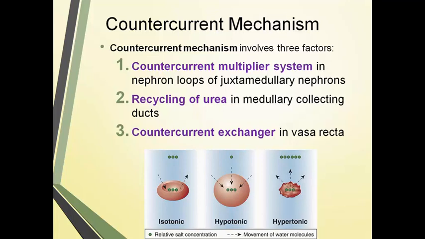And then finally, a third mechanism is the countercurrent exchanger. With the juxtamedullary nephrons that dip into the medulla, the vasa recta parallels that nephron loop. So there's an exchange between the vasa recta and the nephron loop itself.